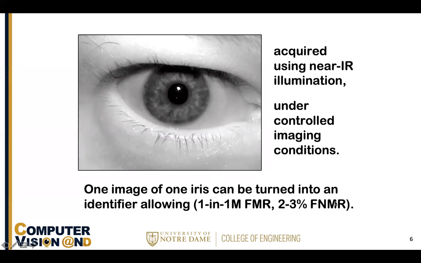To be more clear about this combination of performance metrics, the 2 or 3% false non-match rate implies that 97 or 98% of the time that you go to use iris recognition to access something that you're supposed to be allowed to access, it will work correctly for you the first time. Only 2 or 3% of the time will you have to retry to access something you are entitled to access.